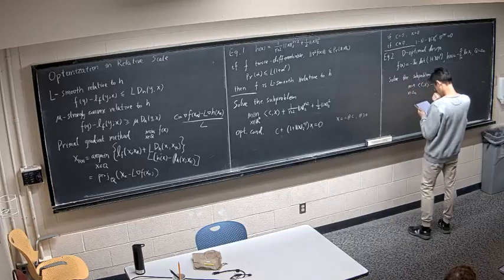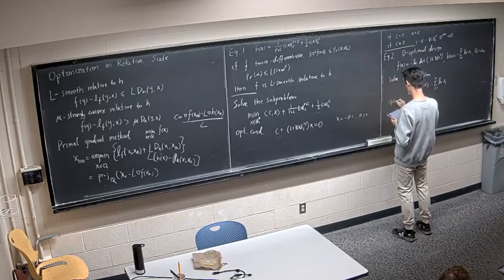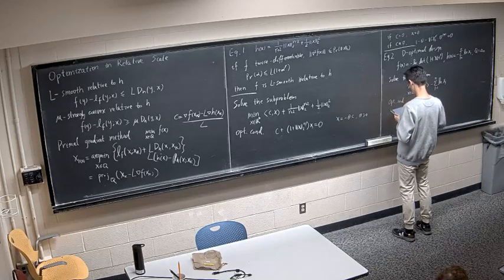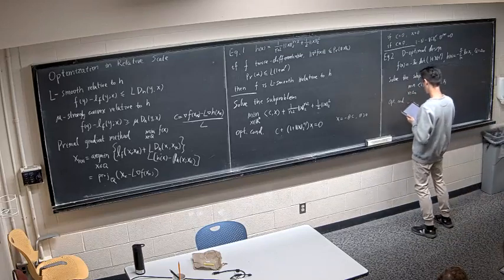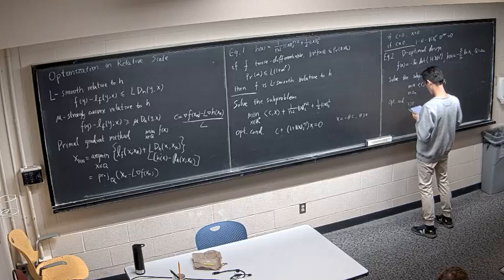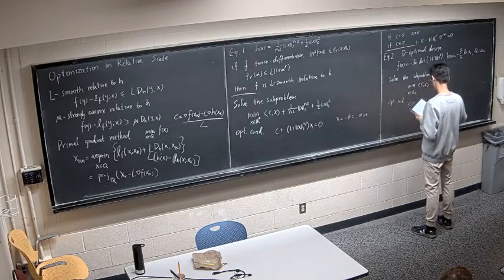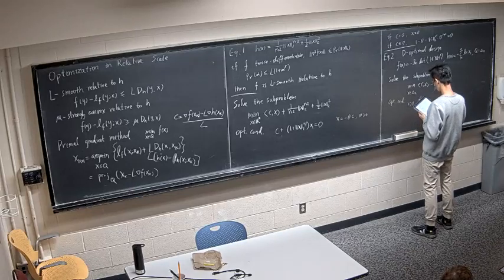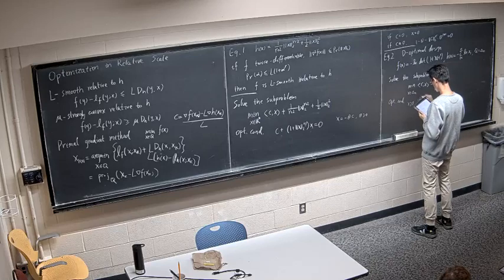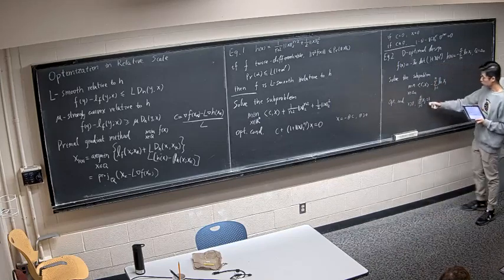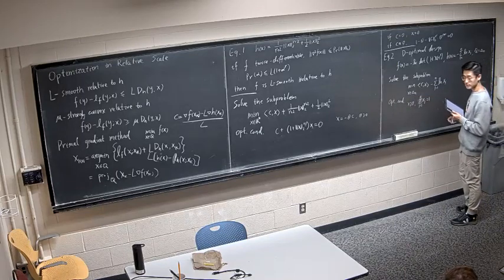So, the optimality condition. First, we need to satisfy the constraint here. x has to be non-negative and the summation of the elements should be 1. These two are the constraints in the simplex.